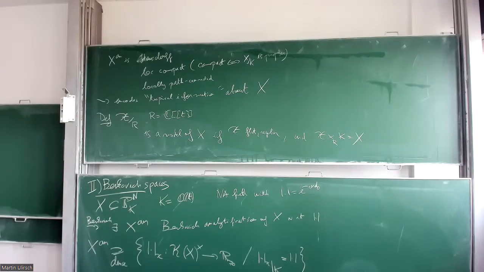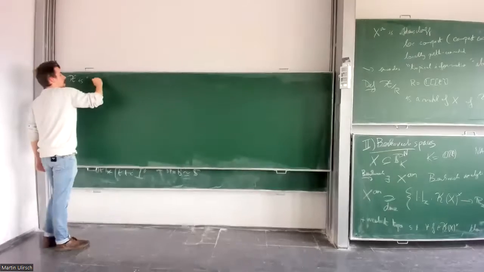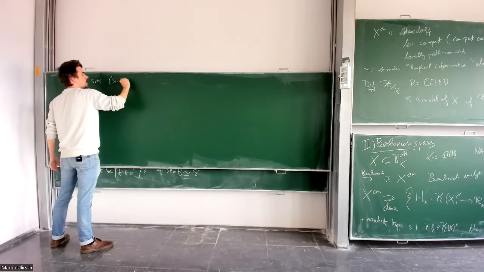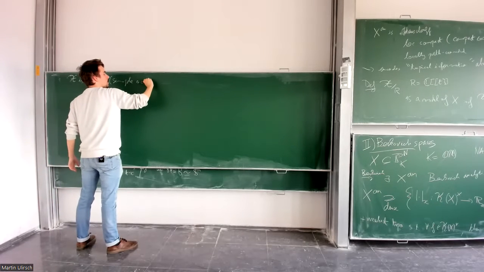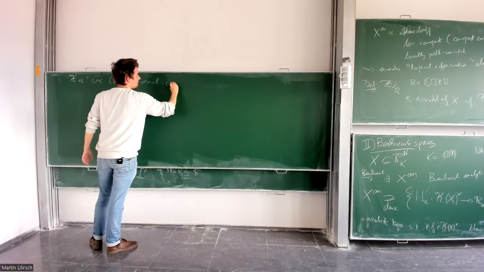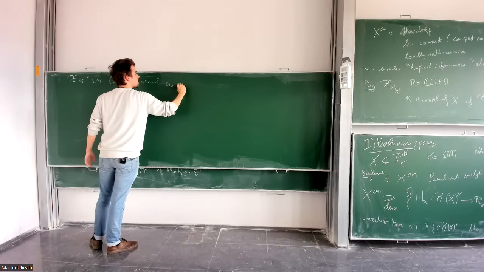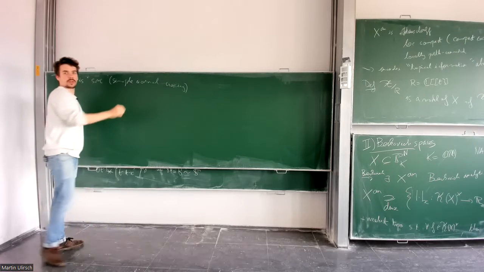And I will furthermore say that the model is SNC, for simple normal crossing. I don't know if this is readable or not.